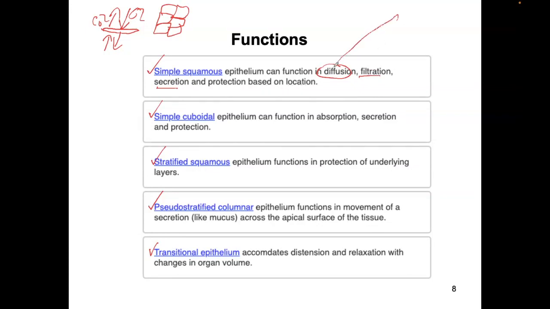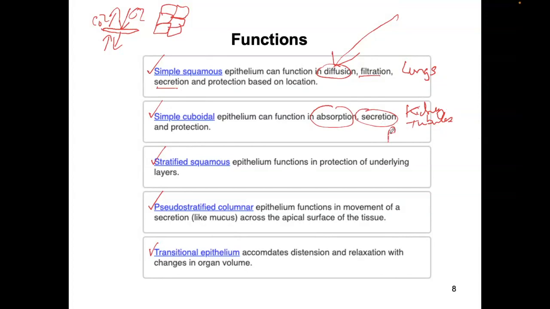That key word there is diffusion. That's going to be simple squamous epithelium. Simple squamous. So that means you're going to see this where we have the lungs, deep in the alveoli, where we're going to have the gas exchange. Simple squamous epithelium. Simple cuboidal, these are for absorption and secretion. We're going to see these where we have the kidney tubules.